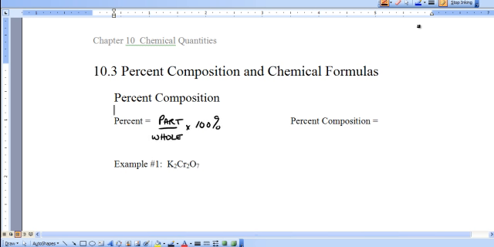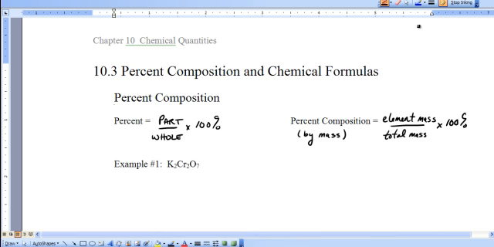And so if we're going to calculate a percent composition for a compound, and by the way, this is by mass, a percent composition by mass will be the element mass, the total mass of an element, divided by the total compound mass, times 100%. The mass of the element is the part, the whole is the total mass of that compound.